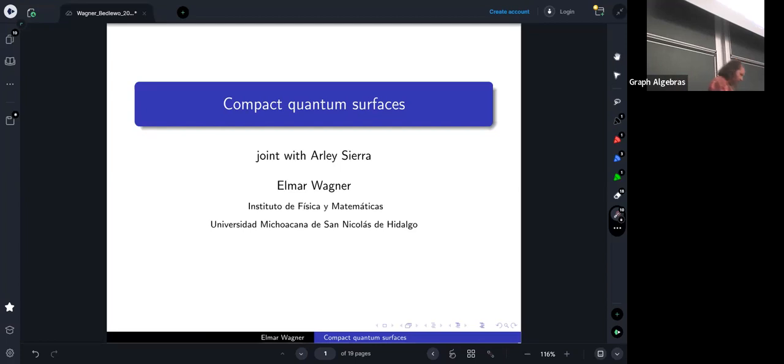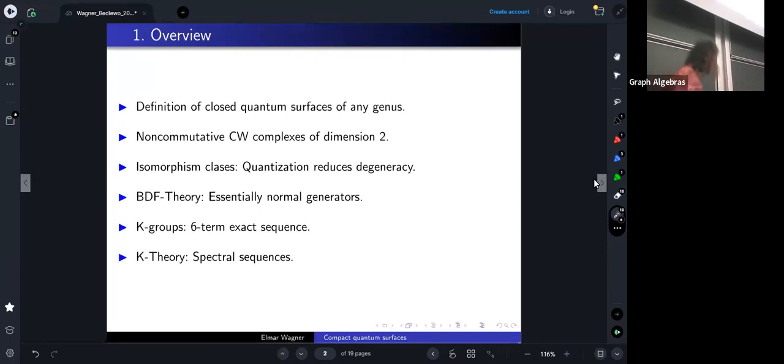So the idea was to give conditions when our CW complexes maintain the topological invariant. So find some conditions that guarantee it. It works in the case of quantum surfaces, and that was actually intended as the first induction step.